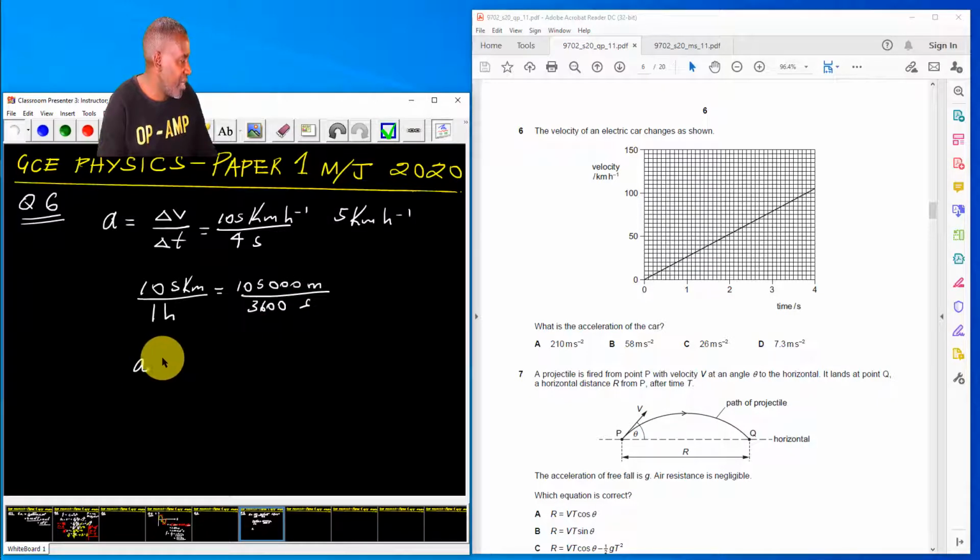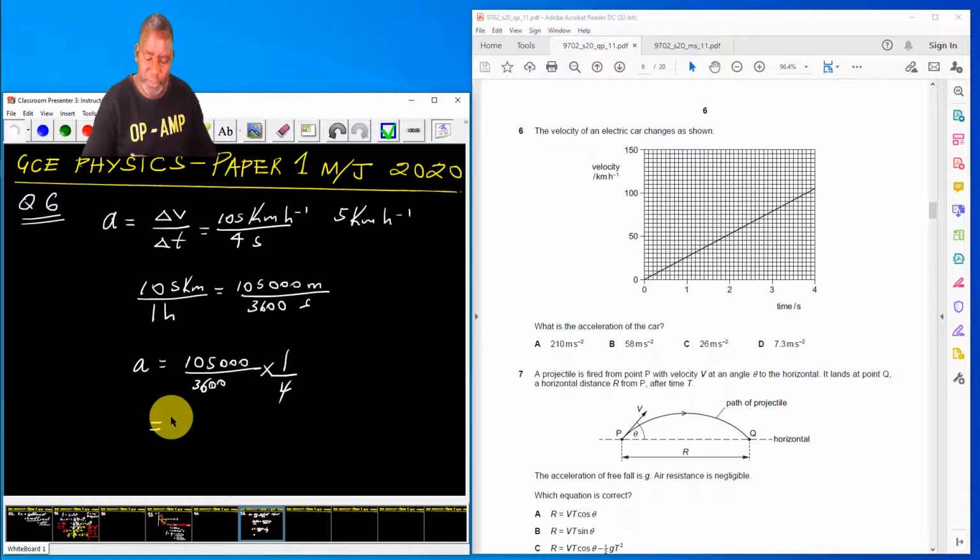So I'll go up there, and instead of 105, I'm going to have 105,000 divided by 3600, divided by 4. And this should give me the acceleration.